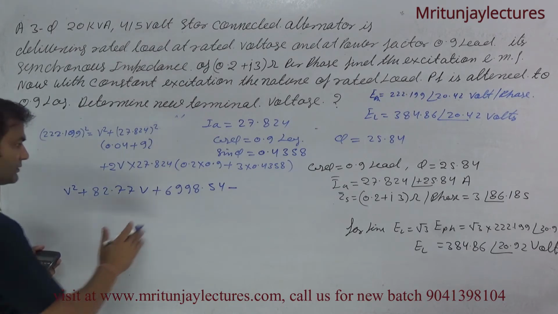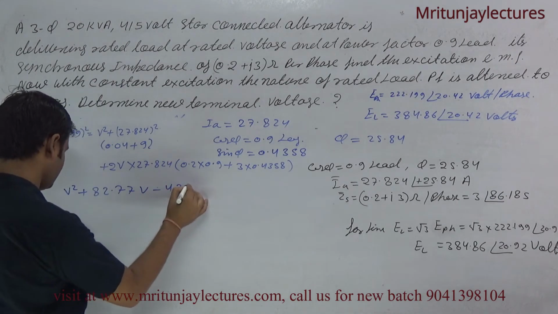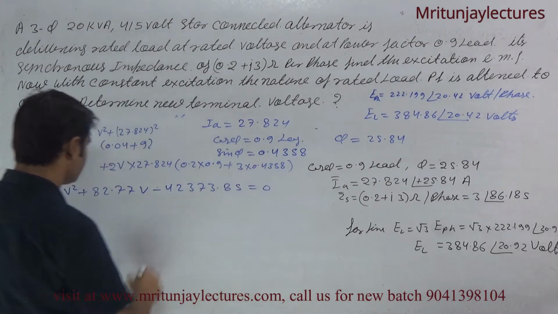We got it like this, so finally it is written as minus 42373.85, equal to 0.